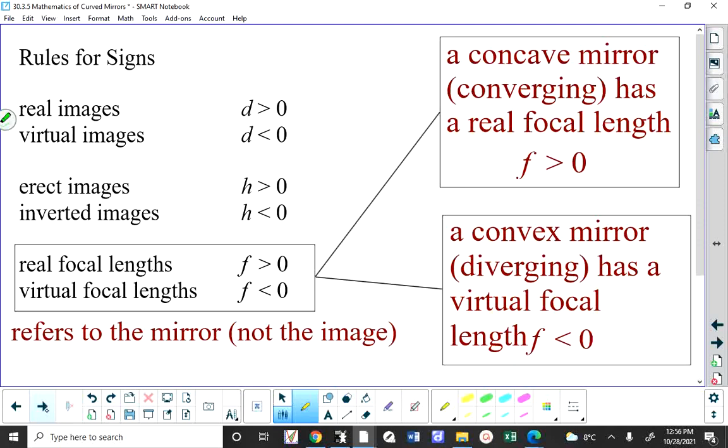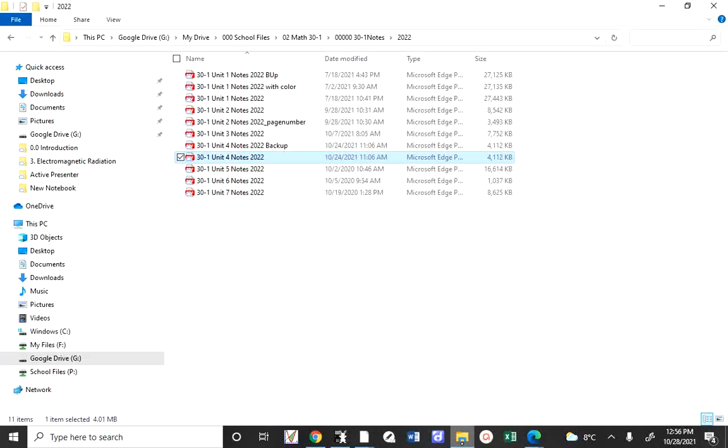So you might want to have your formula sheet handy because those formulas are on your formula sheet. They are, I believe, in the section under waves and light. Is my memory right on that? Let's get our formula sheets out and just check. I'll open mine up as well.